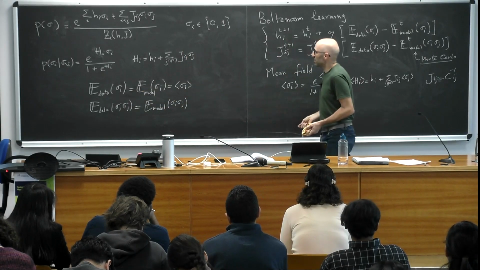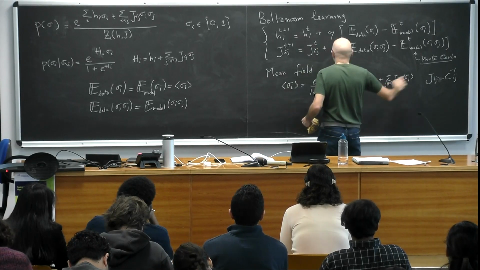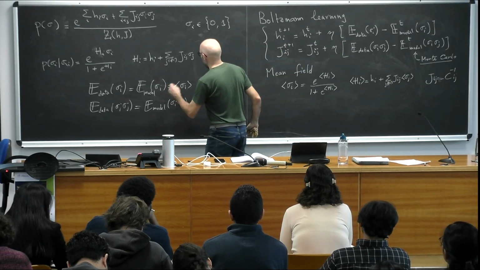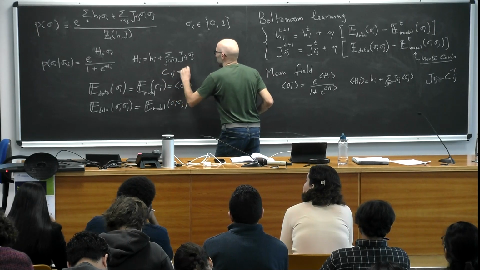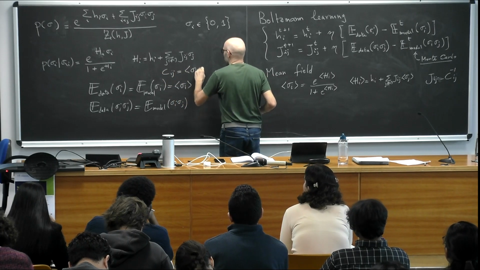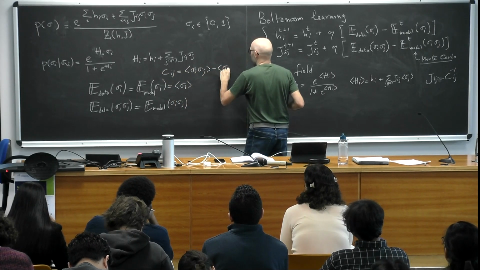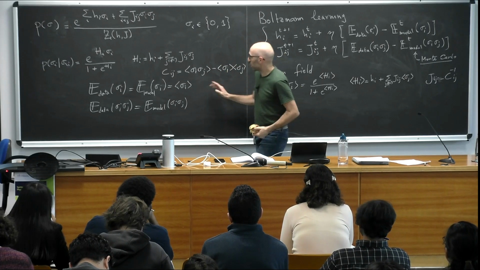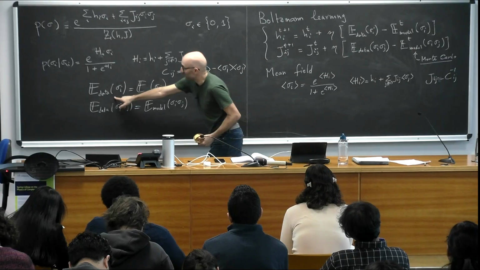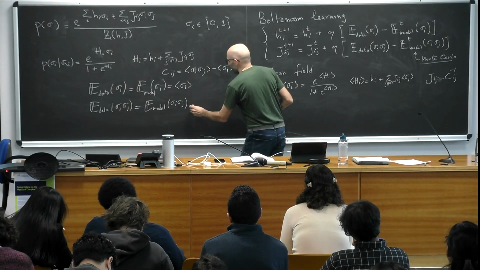And then from this, C_ij is just the average of sigma_i sigma_j minus the average of sigma_i times the average of sigma_j. So if these are given by the data, you have your estimate of C_ij from the data.